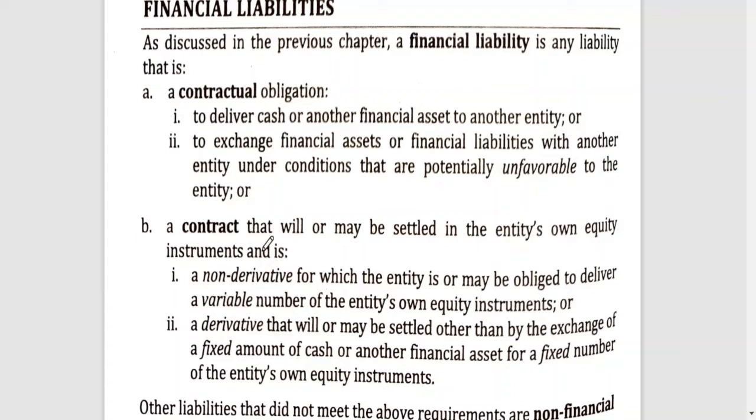And also, we have to remember that there should be a contract that will or may be settled in the entity's own equity instruments and is non-derivative, for which the entity is or may be obliged to deliver a variable number of the entity's own equity instruments, or it could be a derivative that will or may be settled other than by the exchange of a fixed amount of cash or another financial asset for a fixed number of the entity's own instruments.